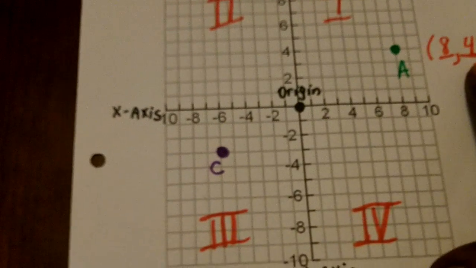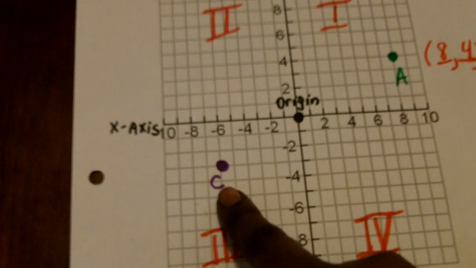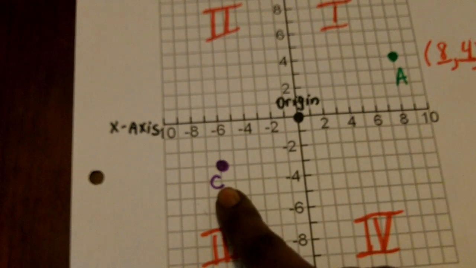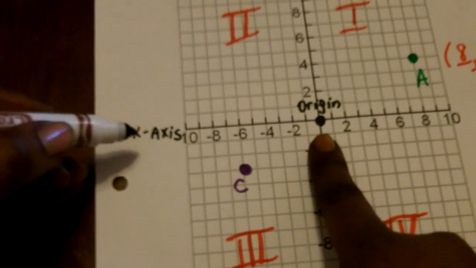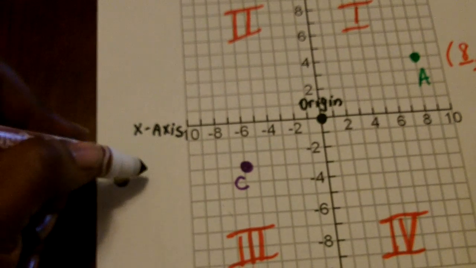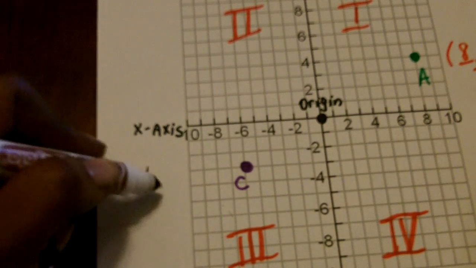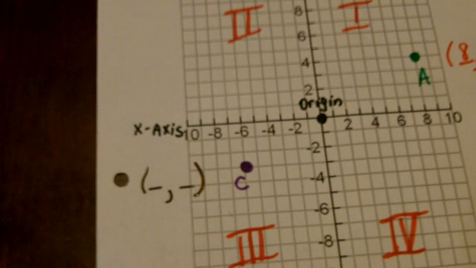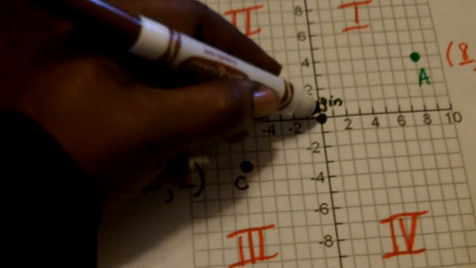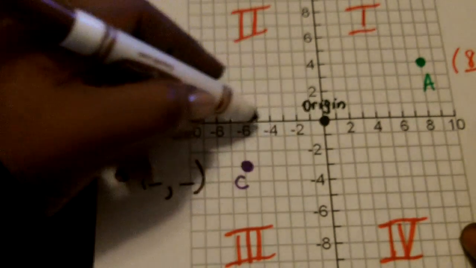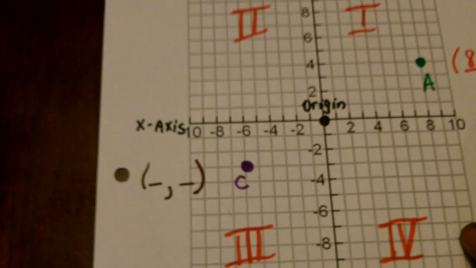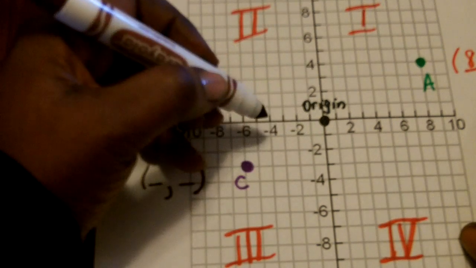Let's do another example looking at point C. You always start from the origin, and you always start with x first. So I'm going to go ahead and find my ordered pair for C. From the origin, I had to move backwards along the x-axis, and since we're moving backwards, that means your x is going to be negative.